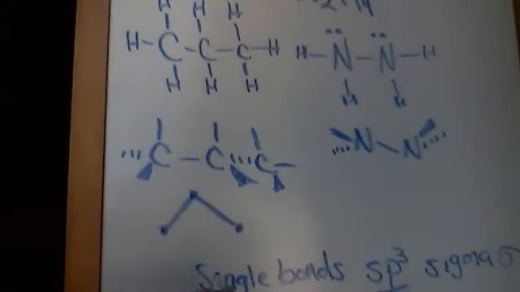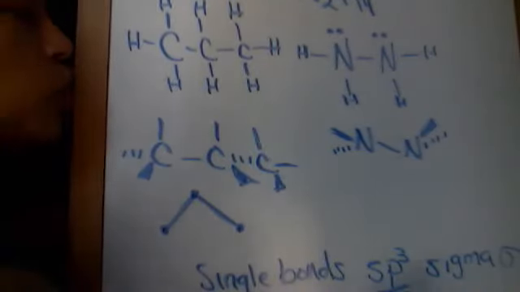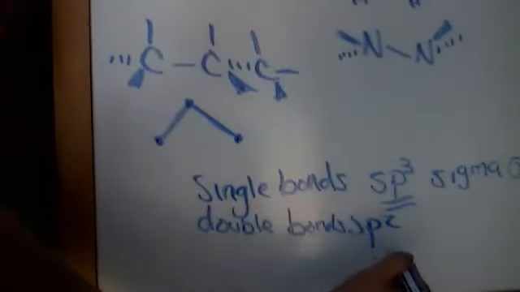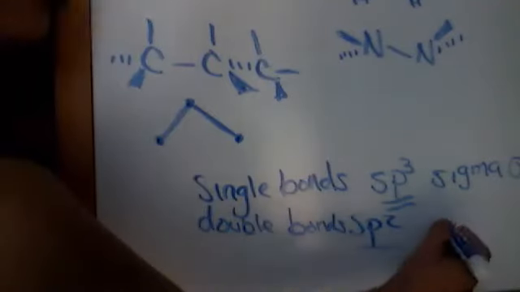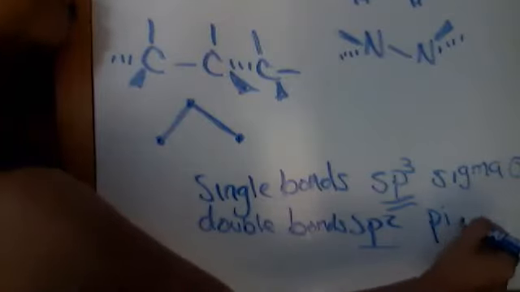If you have double bonds in a molecule, you're going to have a hybridization called sp2, and the second bond is going to be called pi. So with sp2, I'm combining one s orbital with two p orbitals, and I'm getting an extra bond, which is called a pi bond.